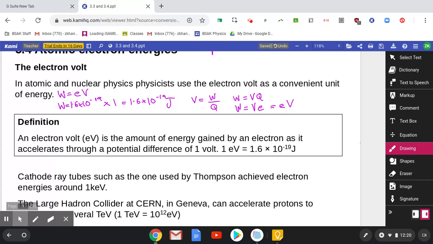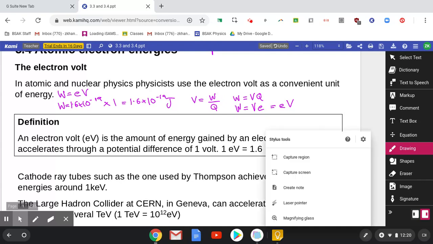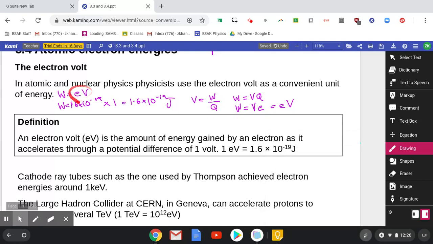So 1 electron volt is equivalent to 1.6 times 10 to the minus 19 joules.